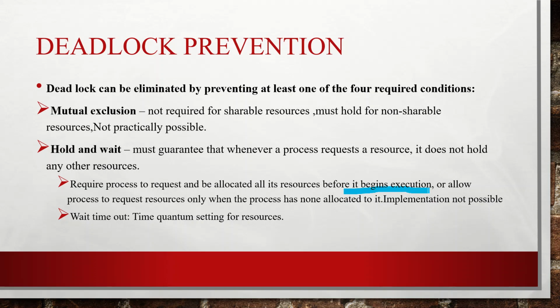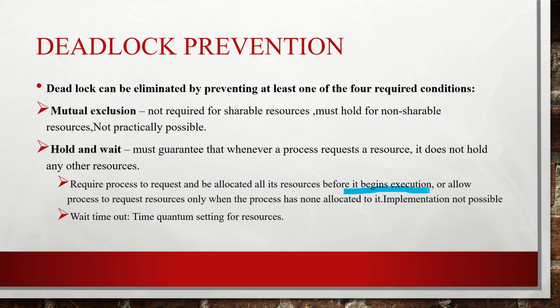Next, under hold and wait, to remove hold and wait we can set a time quantum for resources also. Suppose one process P1 has been allocated a resource R1. We can set a time quantum for that particular resource R1, say 5 minutes, meaning that resource is allocated to process P1 for only 5 minutes.